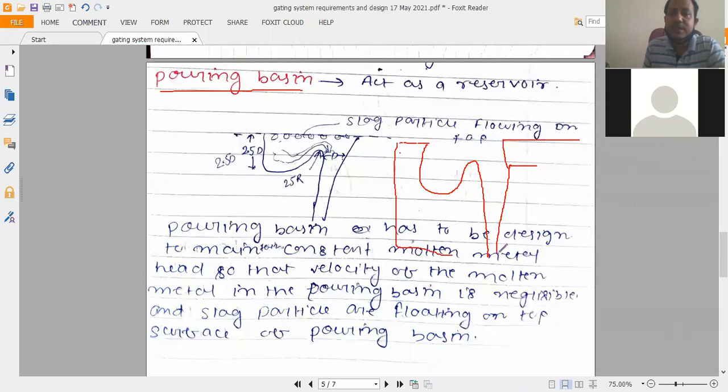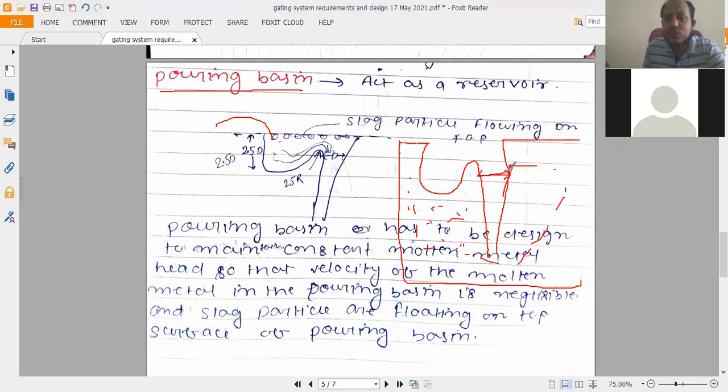This is in between, and this is the molding sand. So firstly, we pour the molten metal here, and this one is the dimension of the starting part of the sprue. This one is the sprue, and this one is the pouring basin.